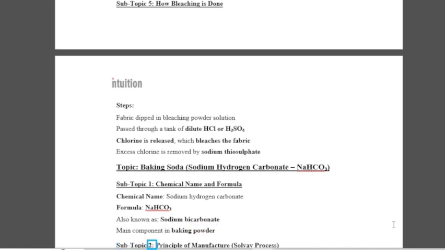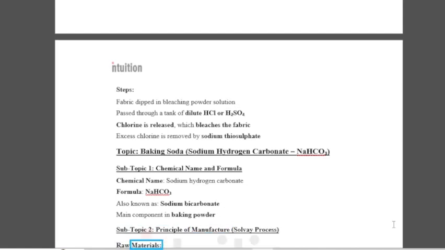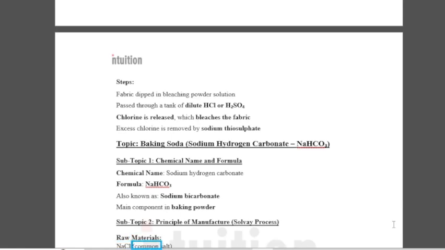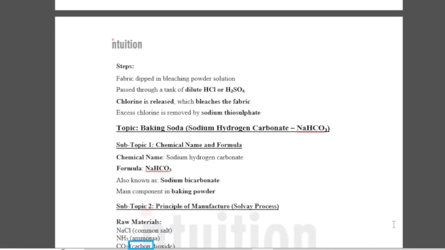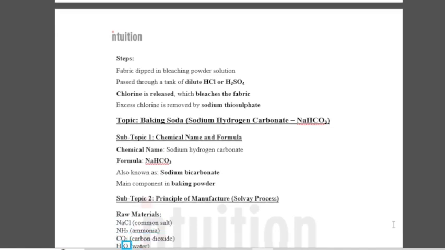Subtopic 2. Principle of manufacture. Solvay process. Raw materials: NaCl, common salt; NH3, ammonia; CO2, carbon dioxide; H2O, water.